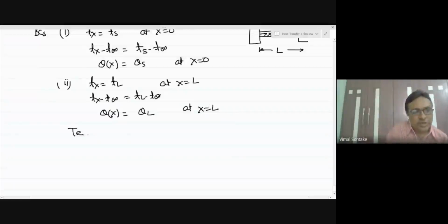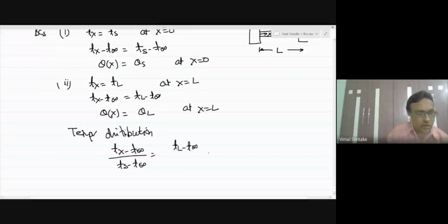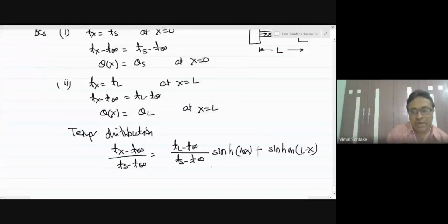The temperature distribution for this case is Tx minus T infinity over Ts minus T infinity equal to [(TL minus T infinity over Ts minus T infinity) sinh(mx) plus sinh(m(L minus x))], the entire numerator, over the denominator sinh(mL).